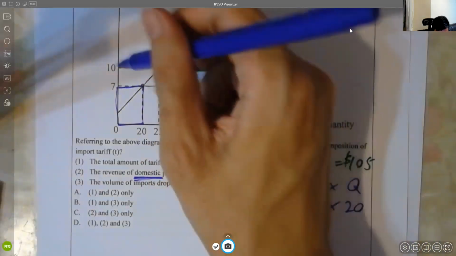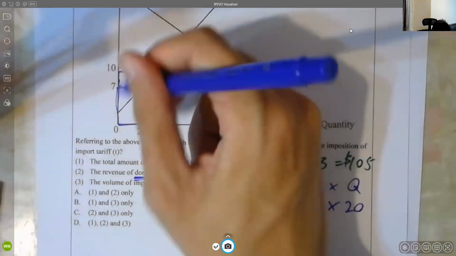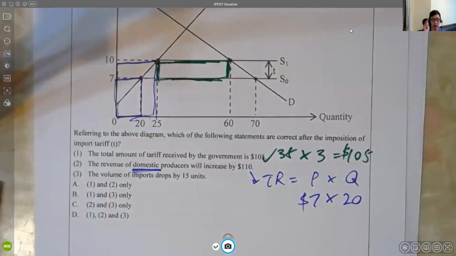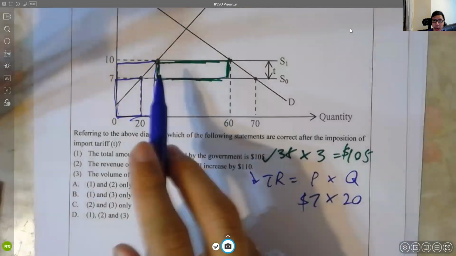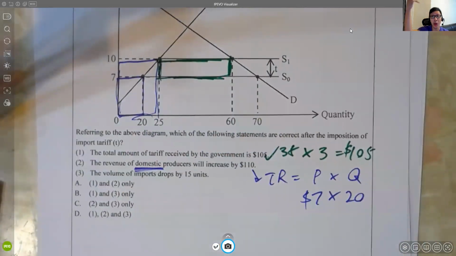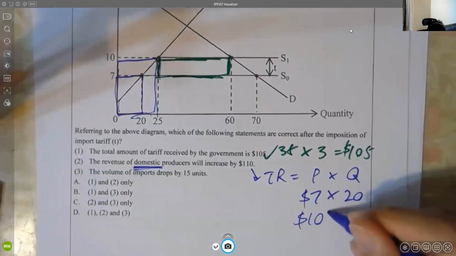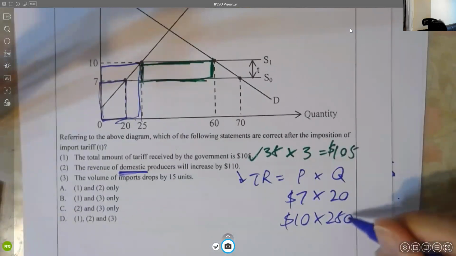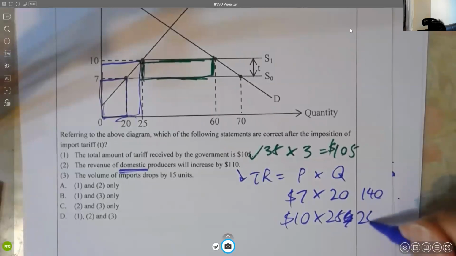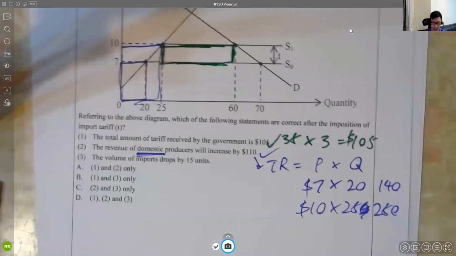New, 10 times 25, 250. See, the new one is this P times Q, for the domestic only. Why? Remember, those at the back are import to the overseas producer. So 140, 250. Yes, the increase is 110, no problem.